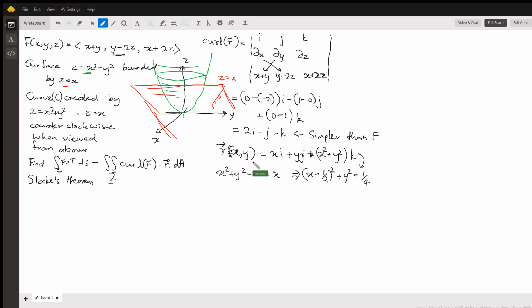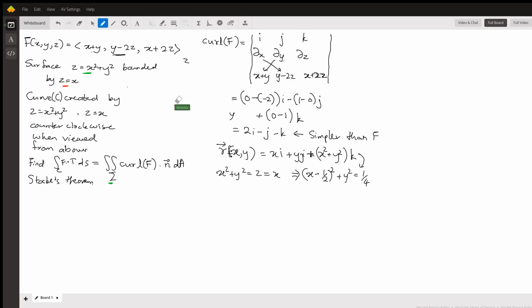Let me draw that here instead. I'm now trying to draw the xy plane here. So the xy plane would be this x and y, and this is the circle here.